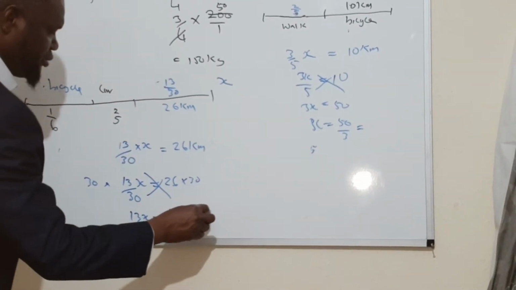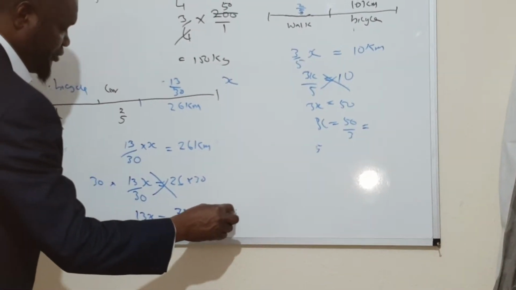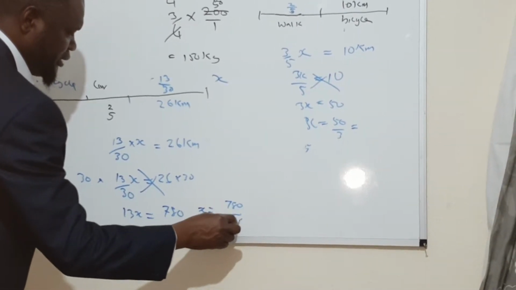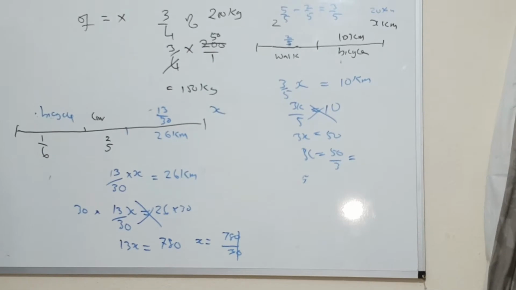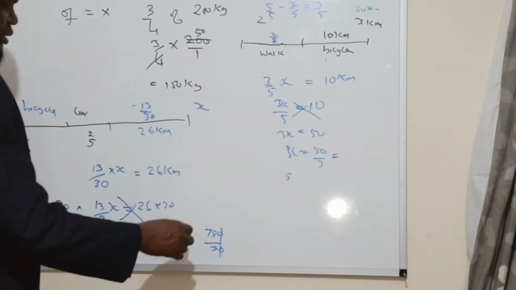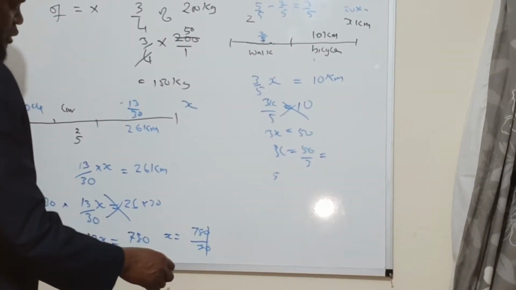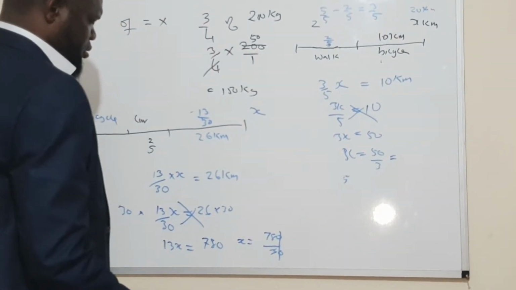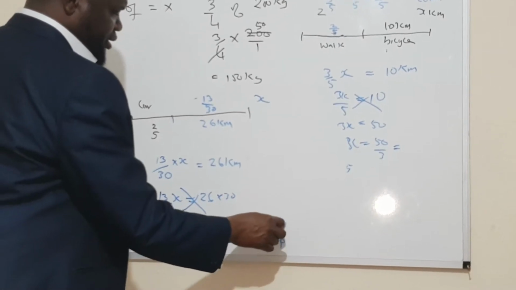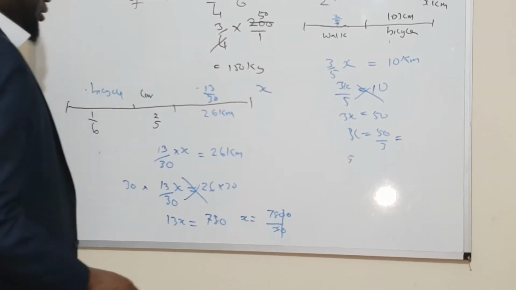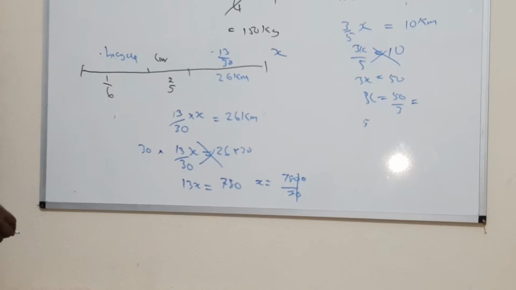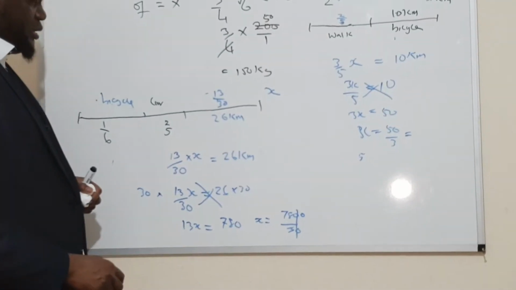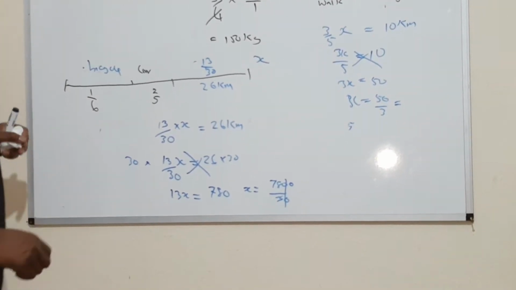Then x alone, that's what we are trying to find, the variable, is 780 divided by 13. Sorry, it's not 30. It's 780 because 20 times 30 is 600.